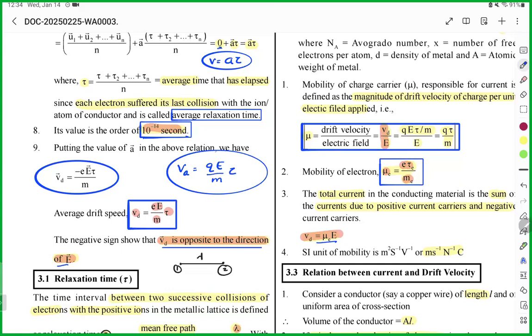Because by the same method, mass into acceleration is equal to force is equal to QE. You can calculate acceleration and put the value here. What is the negative sign meaning here in case of electron? The negative sign indicates that the drift velocity direction will be opposite to the electric field direction.